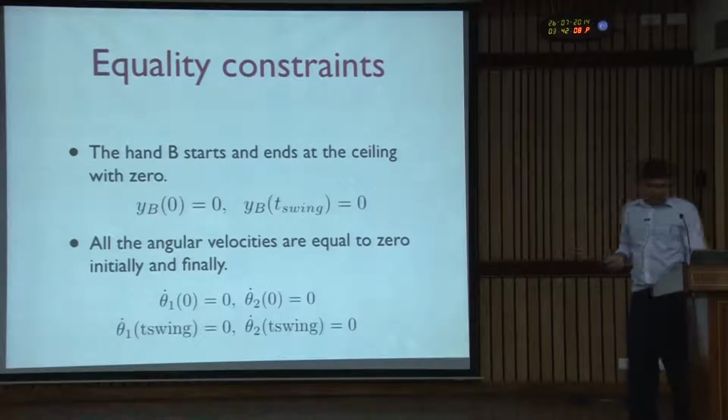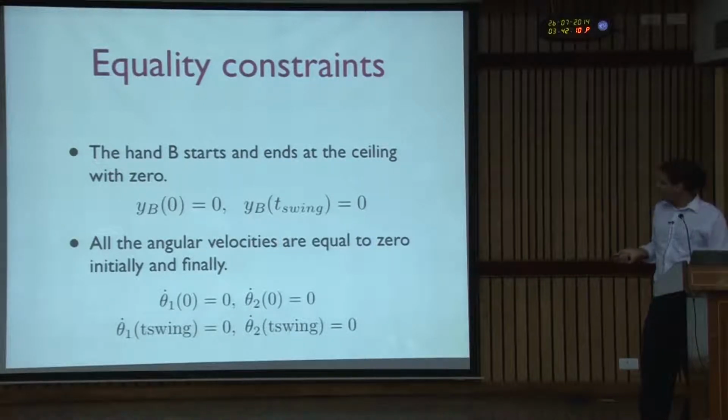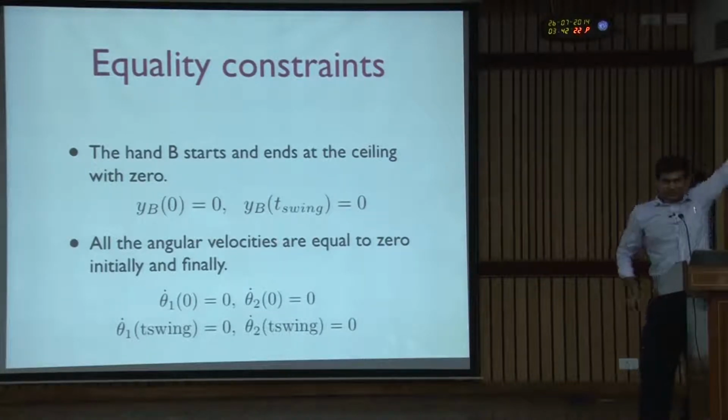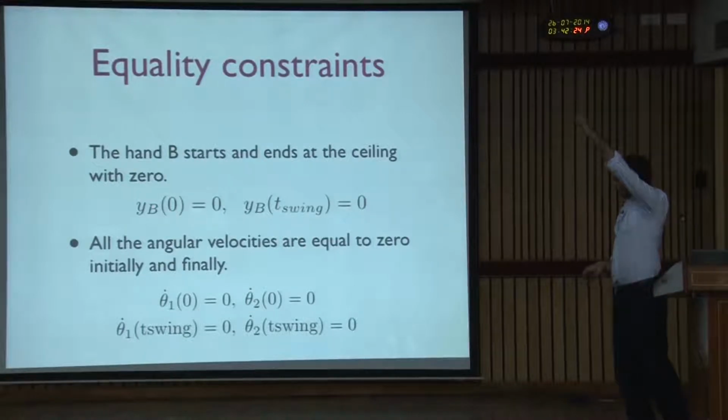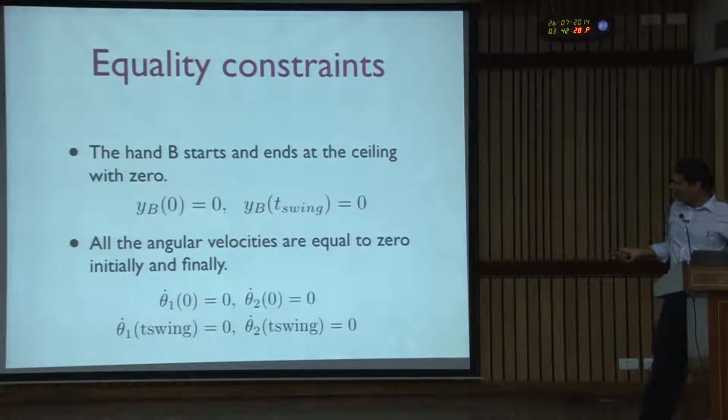Okay. So coming back to our problem, we have equality constraints, which are that YB of our two-segment arm is 0 initially, and then 0 finally. So YB of 0 is 0, YB of t swing is equal to 0. And let's say we want a motion in which all the initial angular velocities are 0.